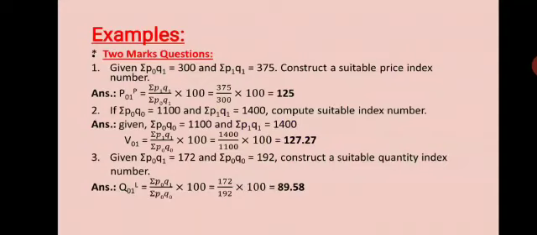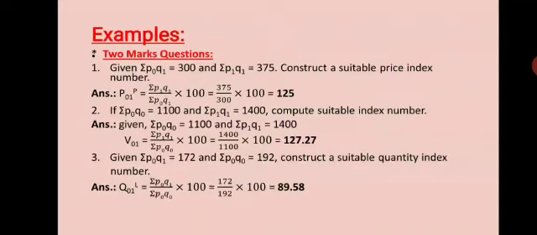The second question is, if summation P0 Q0 equal to 1100 and summation P1 Q1 equal to 1400, compute a suitable index number. Here with the given values of summation P0 Q0 and summation P1 Q1, the suitable formula is value index number.